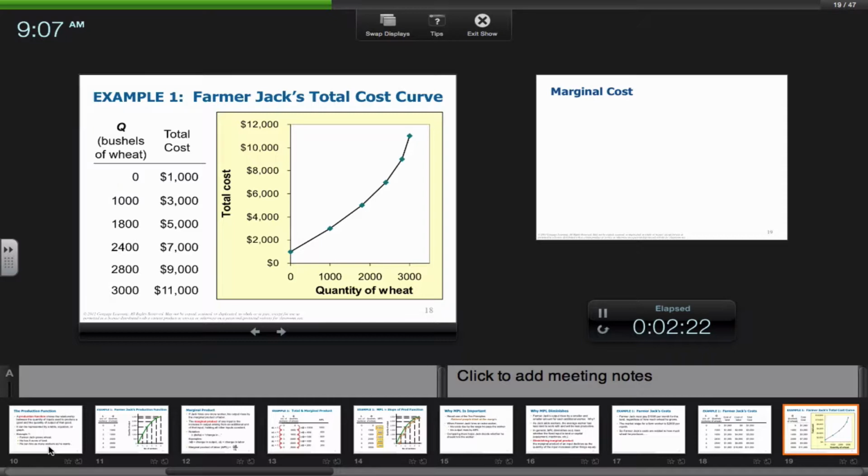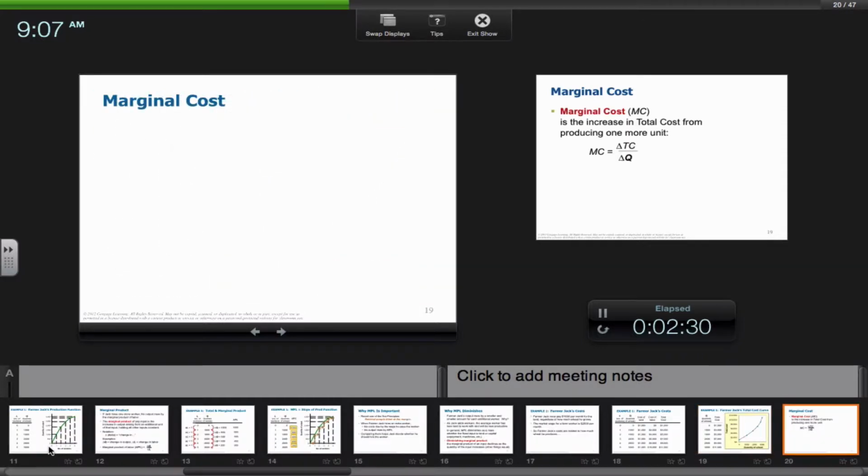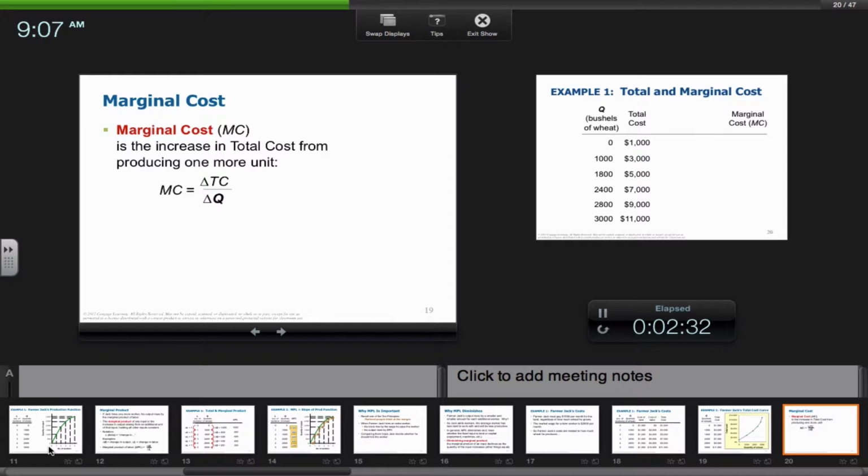Where they meet. Oh! They aren't straight lines anymore. All right, marginal cost is the increase in total cost from producing one more unit. It is the change in total cost over the change in quantity.